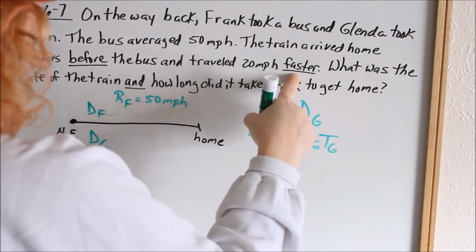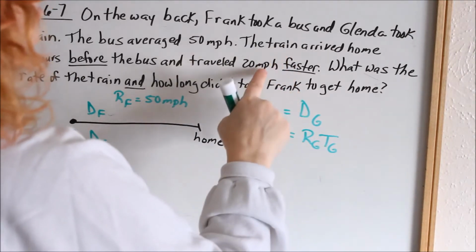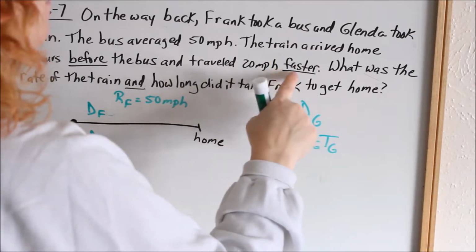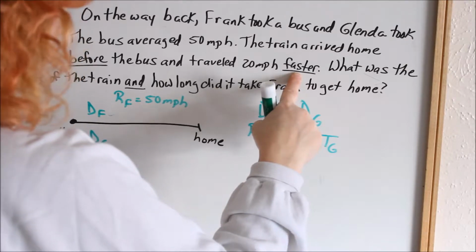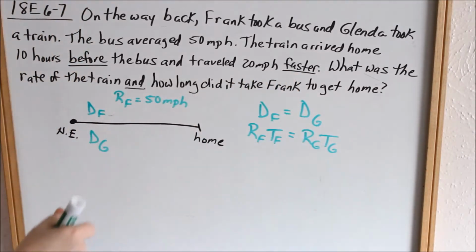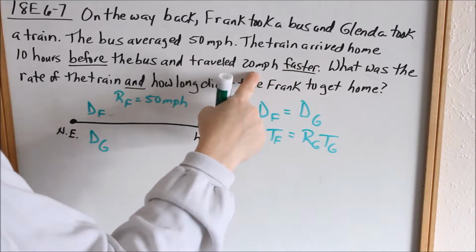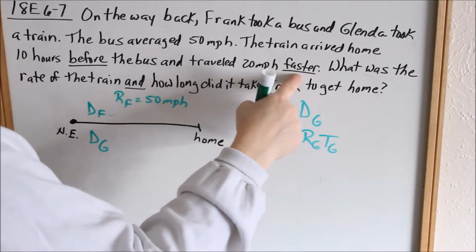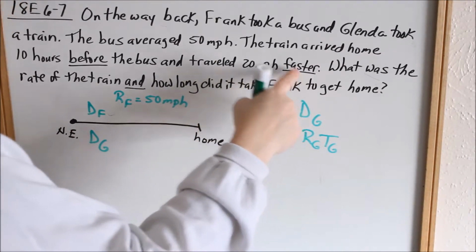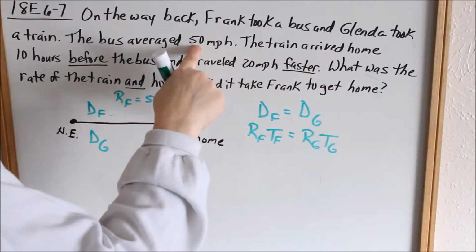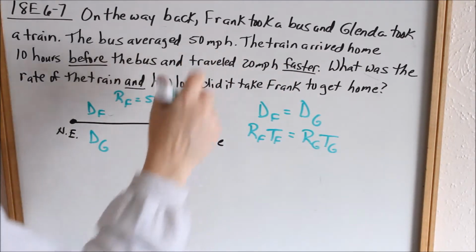I tried to underline key words. The train went 20 miles an hour faster than the bus. So Glenda went 20 miles an hour faster. She didn't go just 20 miles an hour. She went 20 miles an hour faster. So 20 miles an hour faster than this would be now 70 miles an hour.